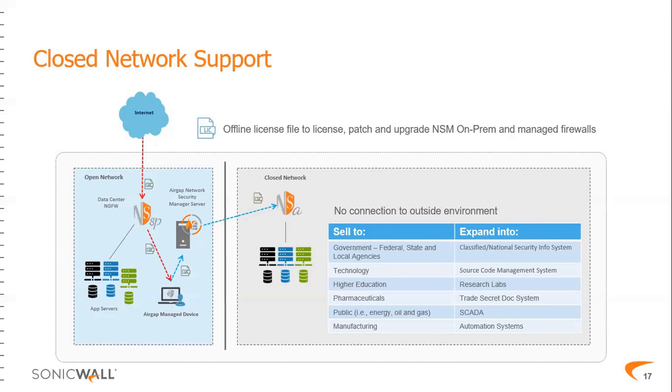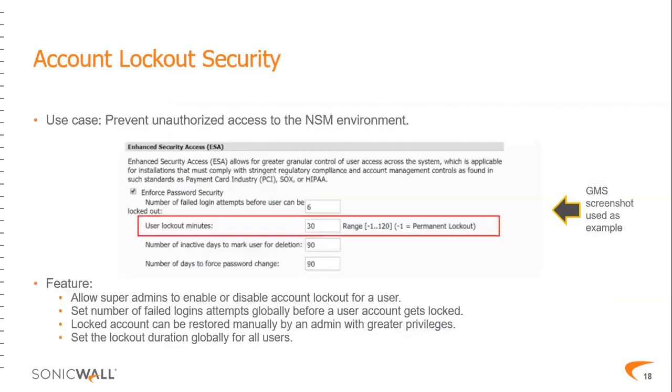NSM also provides this function. So NSM can be deployed in this closed network, and you can upgrade, patch, or download licenses and apply them to all your firewalls in the closed network. They have no connection to the outside environment, because some government and other sectors like technology also use closed networks.